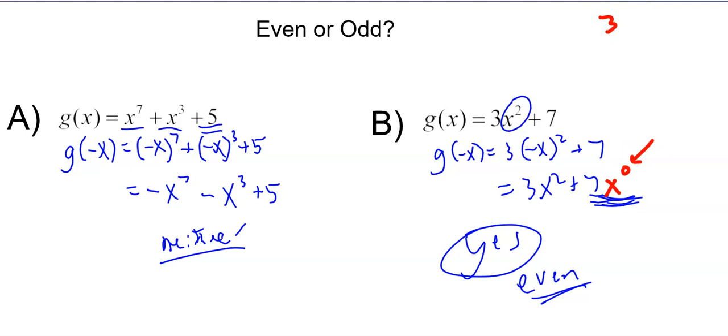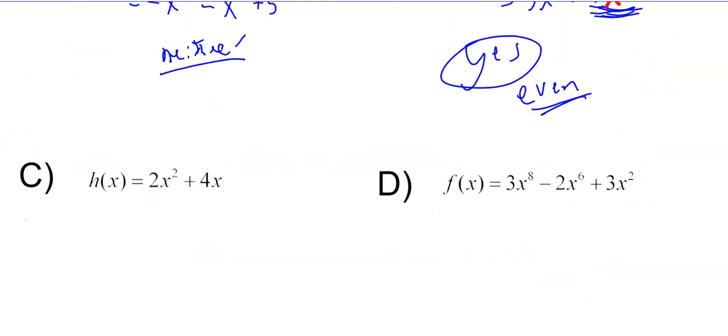Like 3 is odd, 2 is even. 1 is odd, 0 is even. So 0 is actually an even number. So that's why this is an even number and that's an even number. So it's going to be an even function. If every term is even, as far as the exponents go, it's going to be even.